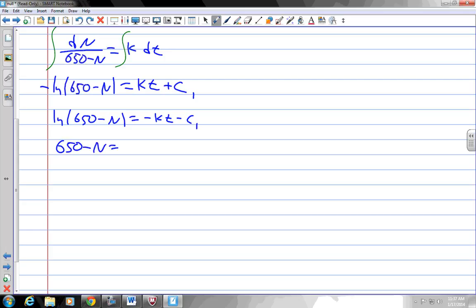So 650 minus n equals e to the negative kt minus c1, right? So to solve for n, I can add n to both sides and subtract e, so n of t equals 650 minus e to the negative kt minus c1. Is that okay?